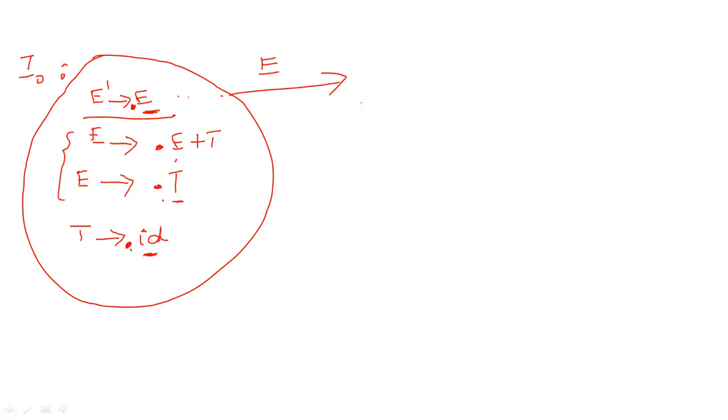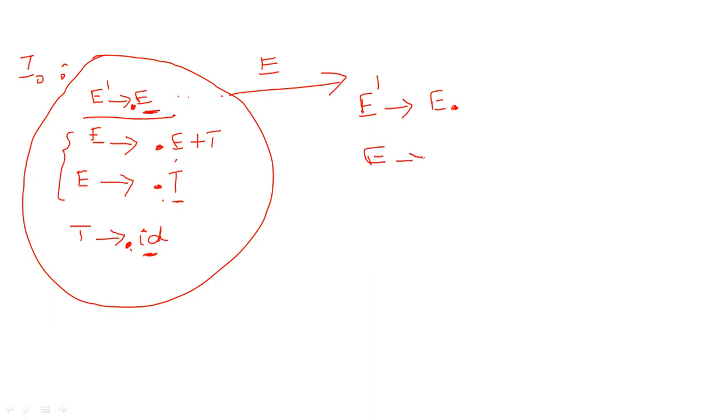what will happen? E' implies E dot. So this dot moves one symbol ahead. And in the next production, after the dot is capital E. If you give capital E as input, what will happen?